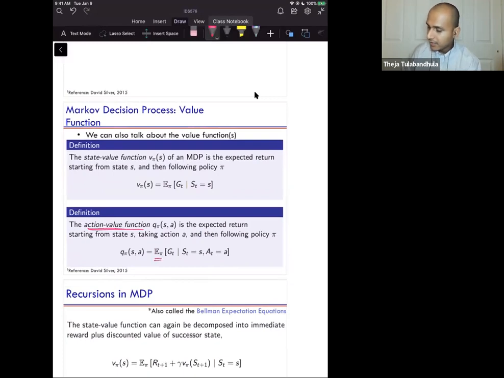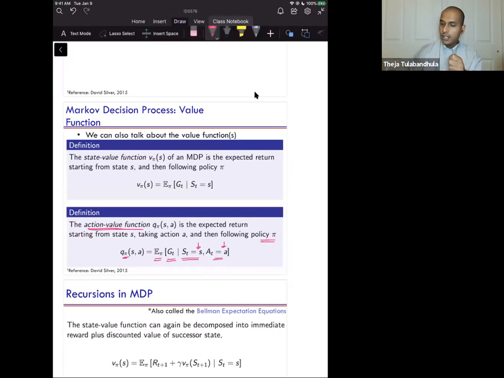It is the expectation of the same return random variable, where the starting state is little s, and you've taken a specific action A. You'll, with some probability, land up in some state S prime. From that state onwards, you're going to apply the policy pi. So this is the action value function for a given policy.